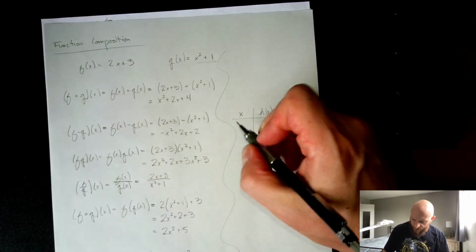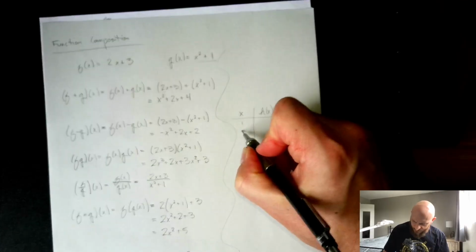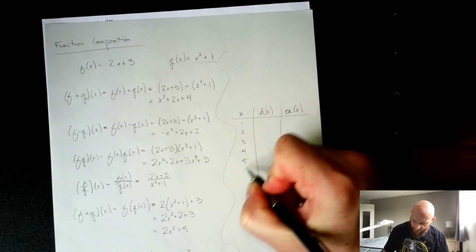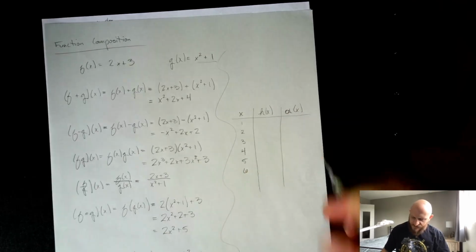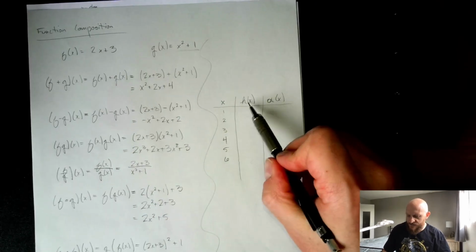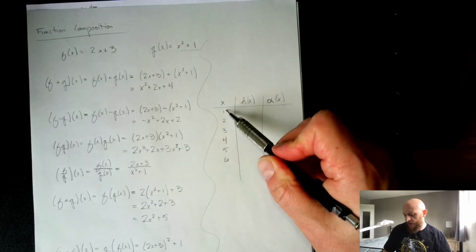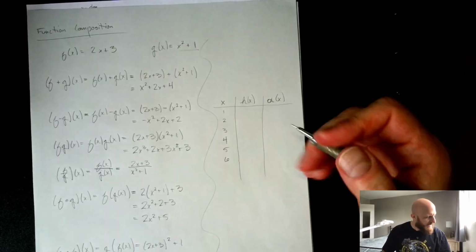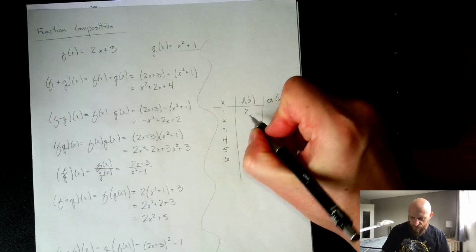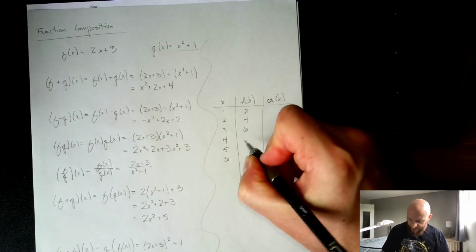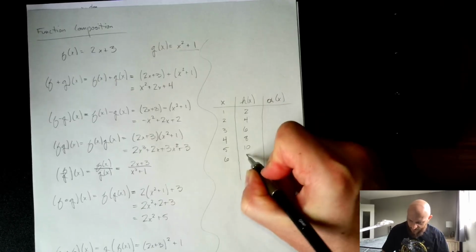And suppose that we have the x values 1, 2, 3, 4, 5, 6. I'm just listing off a table. Imagine that there are two functions, h and alpha, that are defined on 1 through 6. h of 1 is 2, h of 2 is 4, 6, 8, 10, 12.